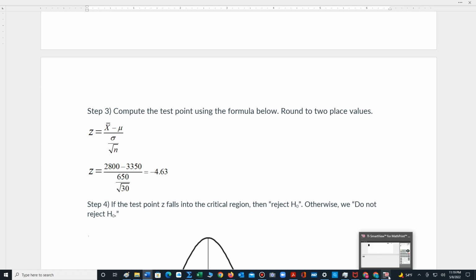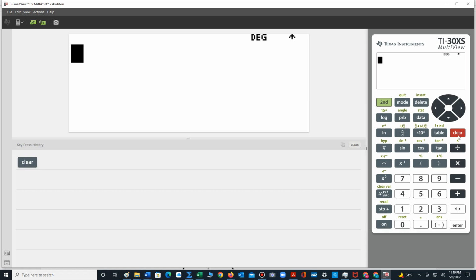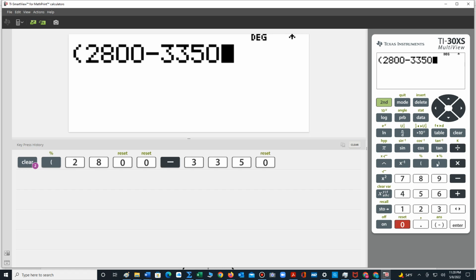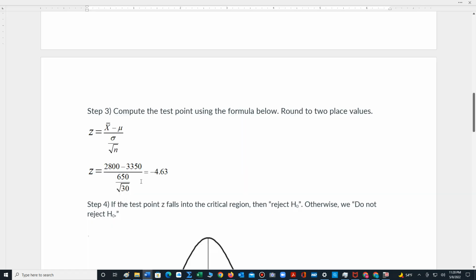Let's go ahead and perform the calculation using a calculator. So we have 2800. I always begin by entering the parentheses minus 3350, close the parentheses, divided by, and then we type in the standard error. Of course, I use parentheses to encase the standard error.